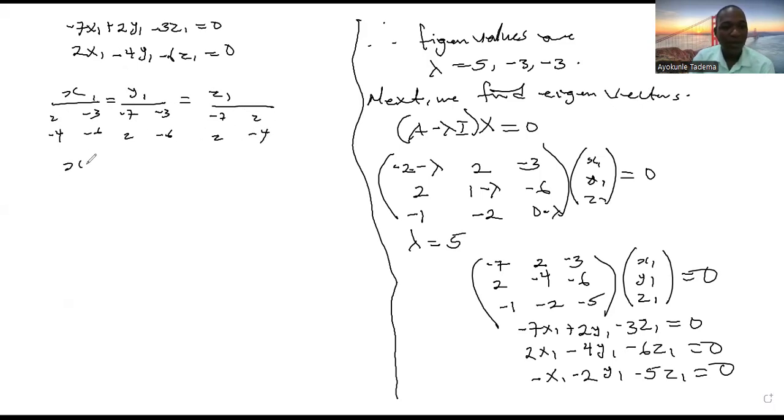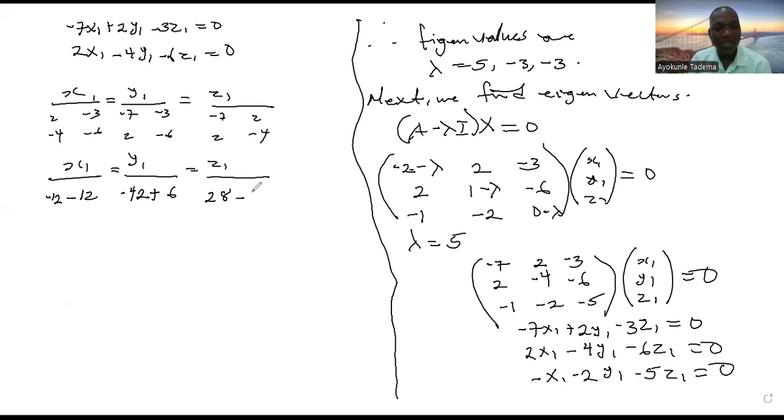Now you find the determinant of this: 1 times this is minus 12 minus 12, equals y1 over this one times this, that is minus 42 plus this one times this is 6, equals z1 over this one times this, that is 28 minus this one times this is 4.